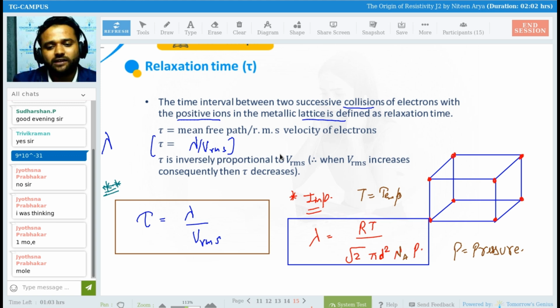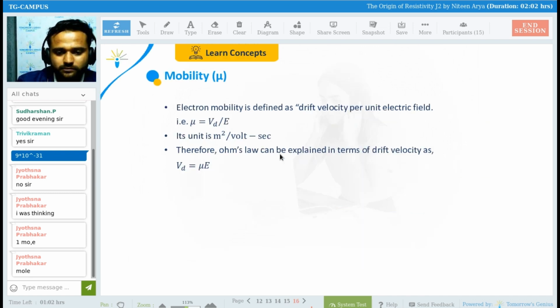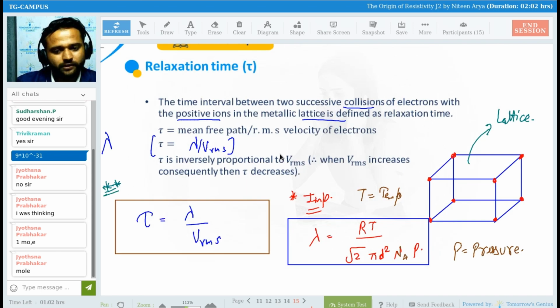So many interlinked relations for tau, for V D, for mean free path, for so many things. Okay, till now everything is clear. This is your lattice. If no one has understood simple cubic, okay, moving ahead. Till now we are done.